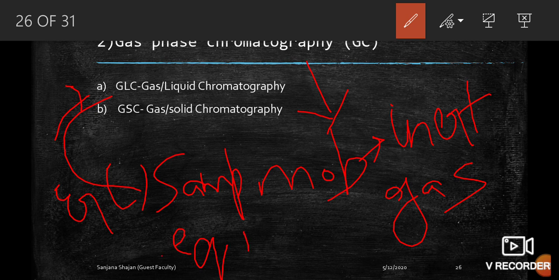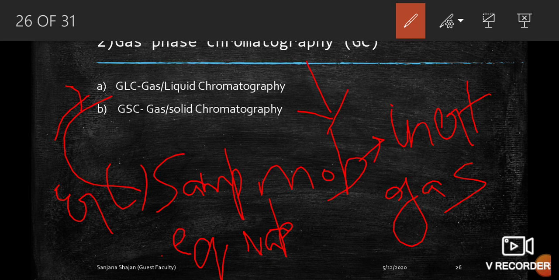This was introduced in 1941 by Martin and Synge, who suggested that instead of using liquid as in the previous method, the mobile phase be replaced by gas, so that the separation will be good.